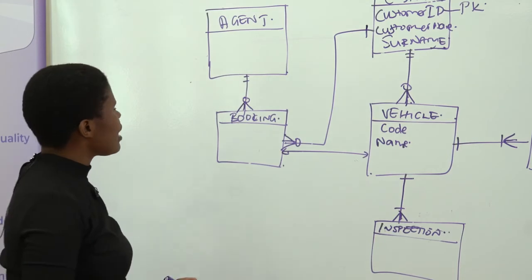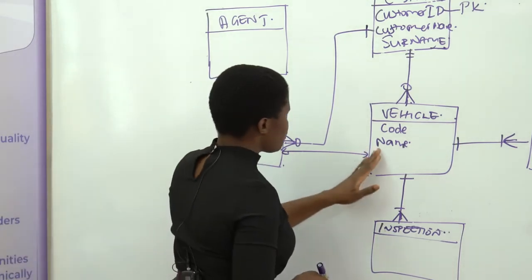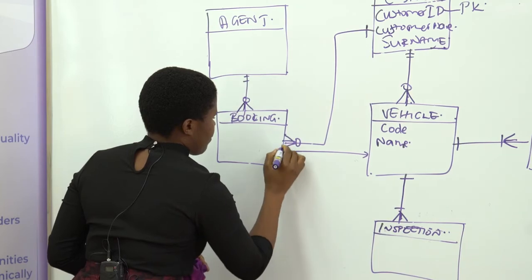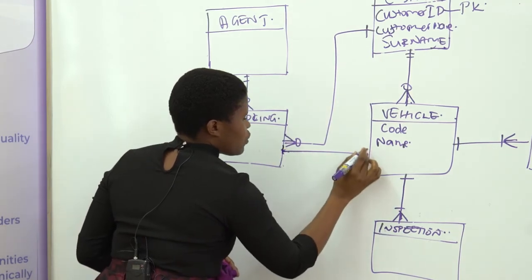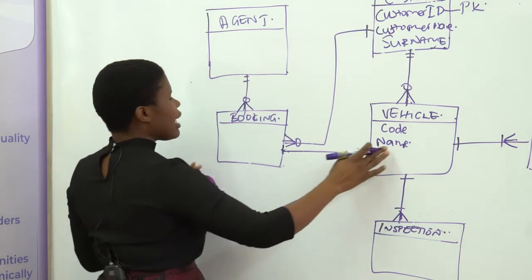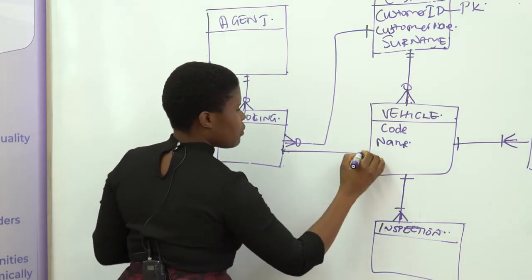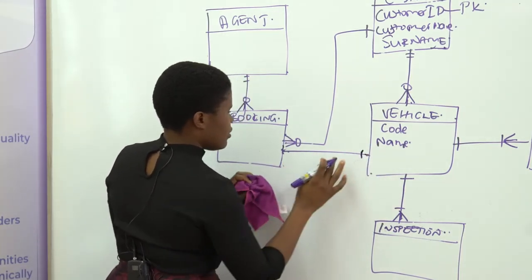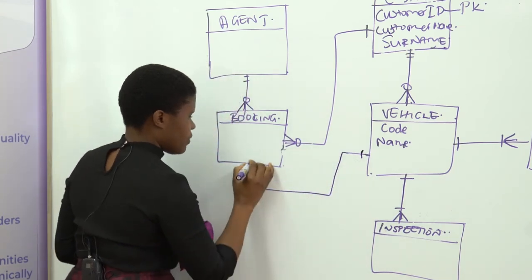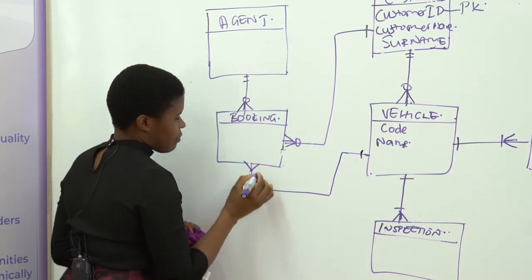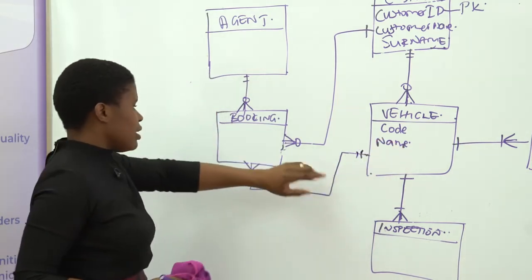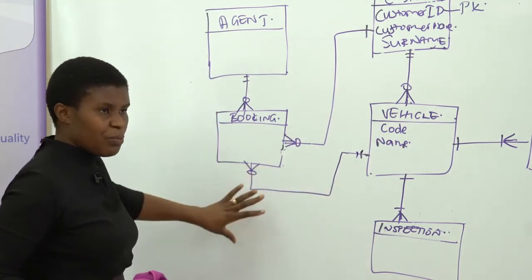So if you look at the relationship between booking and this one, the agent, I'm going to also determine the types of relationship. A car can be booked or is booked. Okay, I'm just going to bridge it down so that we don't have confusion about the relationships. A vehicle can be booked or cannot be booked.